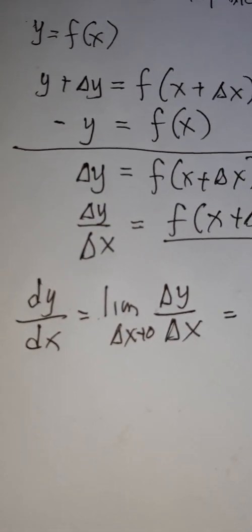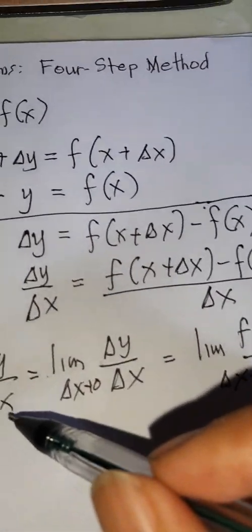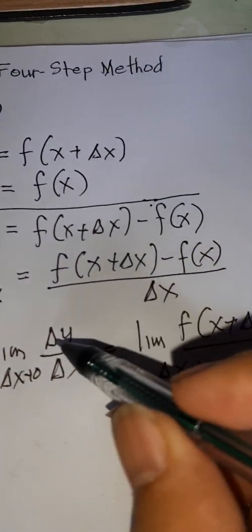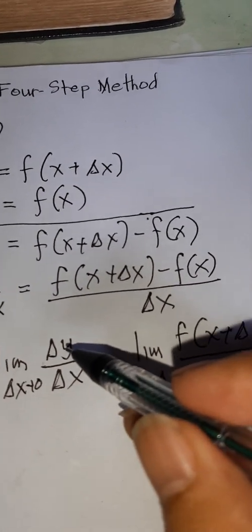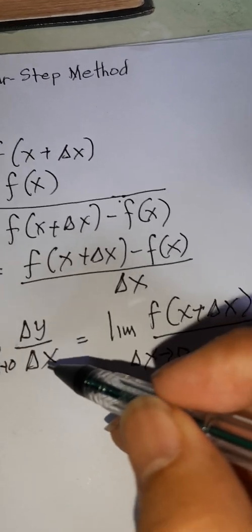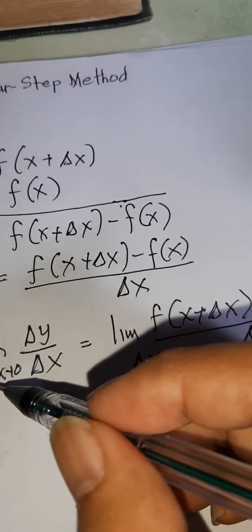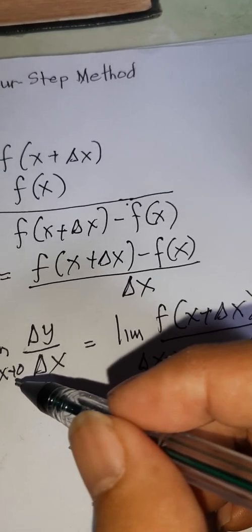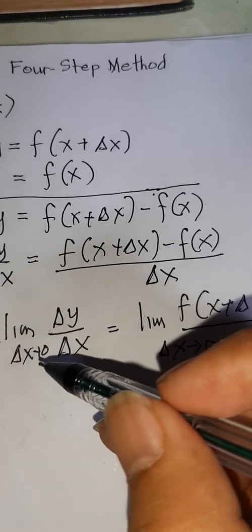That is, the derivative of the dependent variable y with respect to the independent variable x is equal to the limit of the ratio of the dependent variable over the independent variable as the latter, or the independent variable, approaches 0 as a limit.